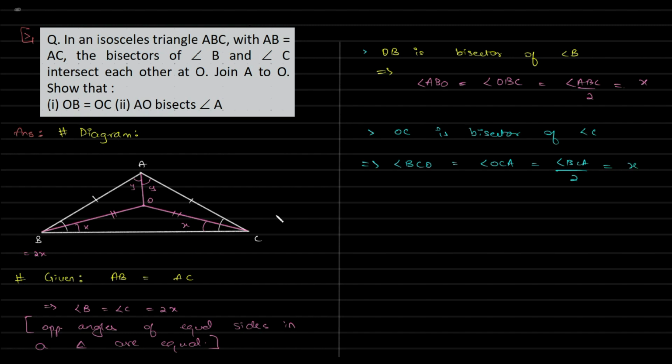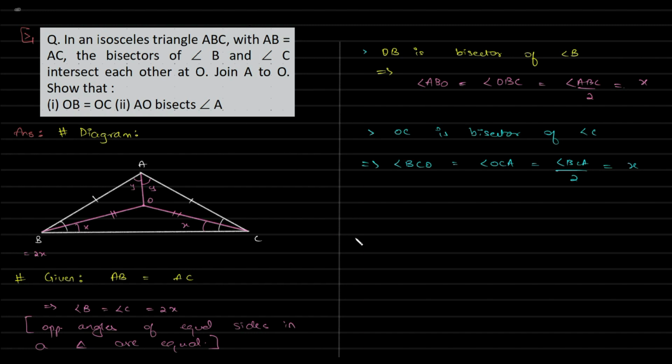Again, have a look at the diagram, things will be clear. BCO is equal to OCA, and it will be half of BCA, which is x. So we are making things clear in the given itself. We'll make this a habit so that things are simpler. That's it.